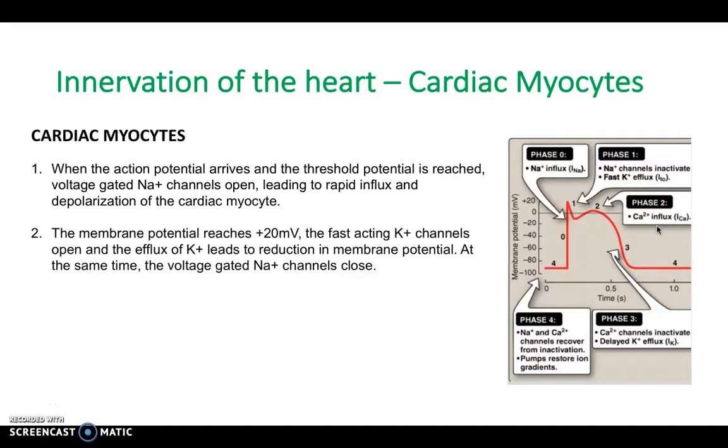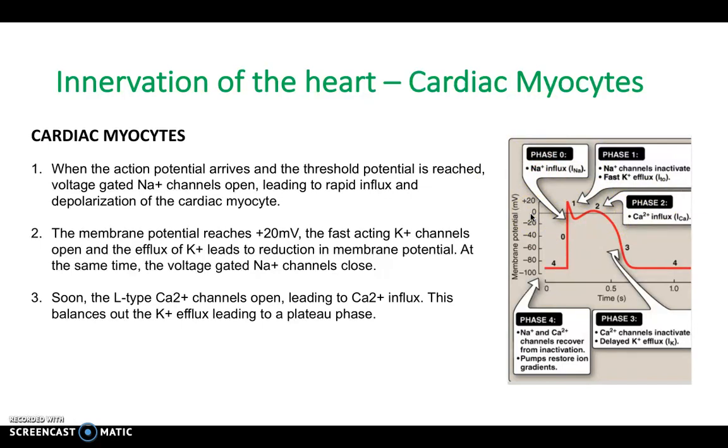So, where were we? The membrane potential reaches this +20 in depolarization, and the fast-acting potassium channels then open, and the efflux of potassium leads to a reduction in the membrane potential. At the same time, like in the last system, the sodium channels are closing. Soon, the L-type calcium channels, so they appear in this one as well, start to open, and a calcium influx occurs, which balances out the potassium efflux, which leads to this plateau stage here in stage 2.